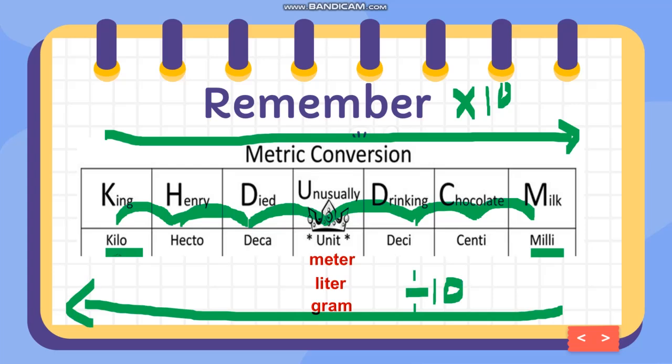From millimeter to centimeter, that is divided by 10. From centimeter to decimeter, that is divided by 10. Decimeter to meter, divide 10. Meter to decameter, divide 10. Decameter to hectometer, divide 10. And hectometer to kilometer, that is also divided by 10.